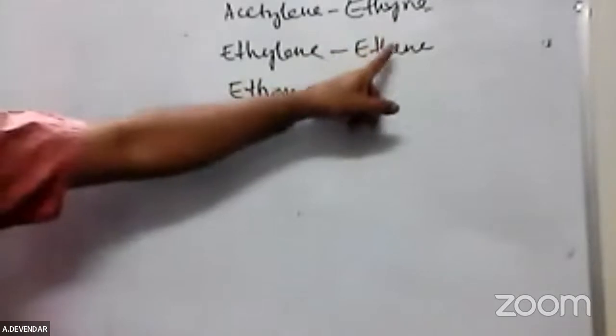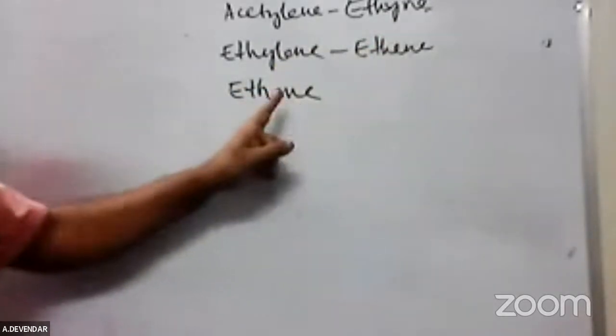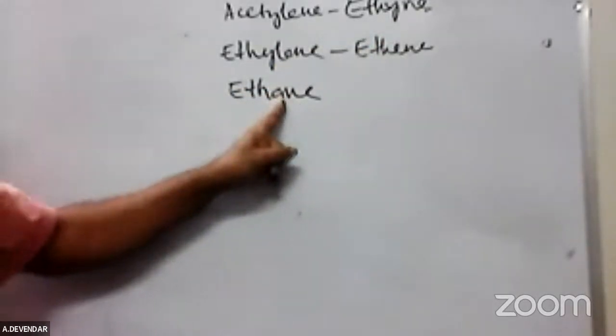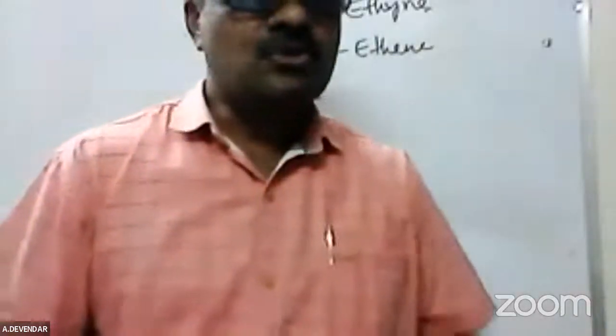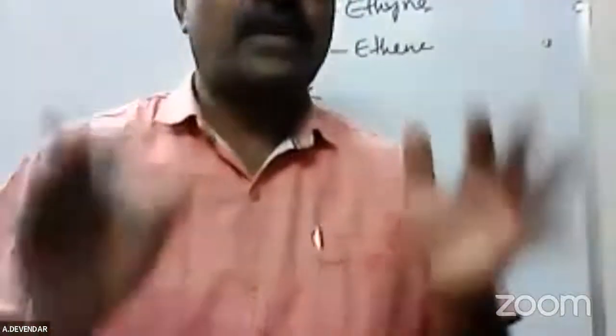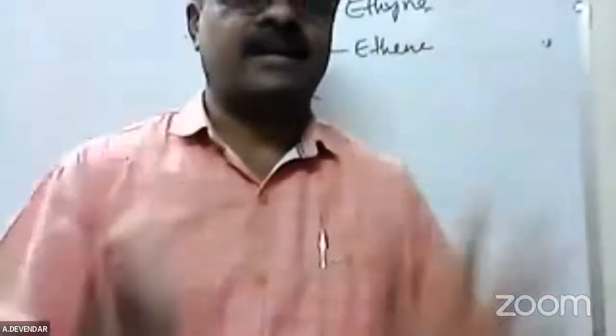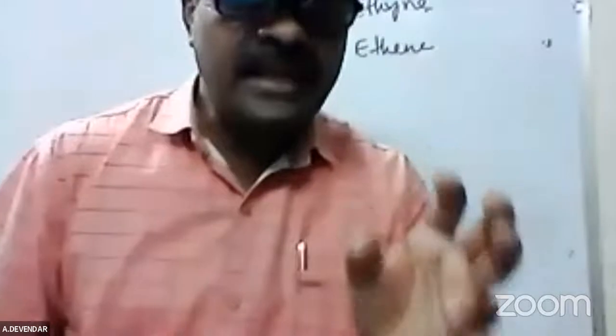Here, ethyne is more acidic than ethene. That means less acidic is ethane, more acidic is ethyne. Why is it more acidic in nature? Because of the gradual increase of s character in ethyne.